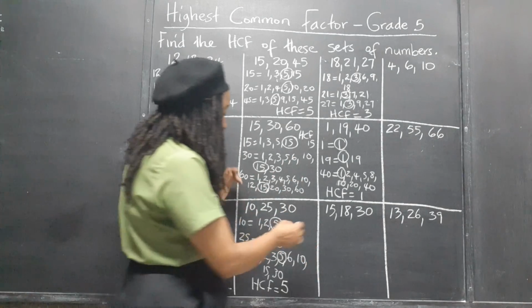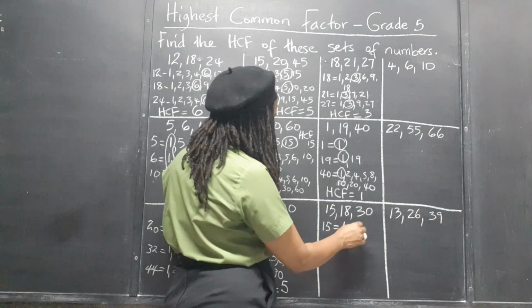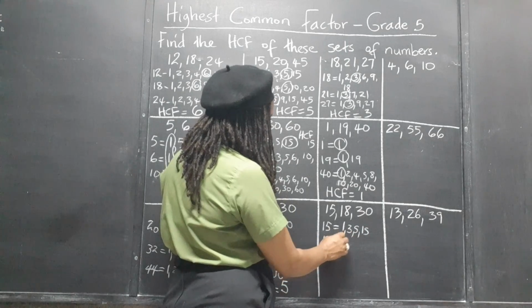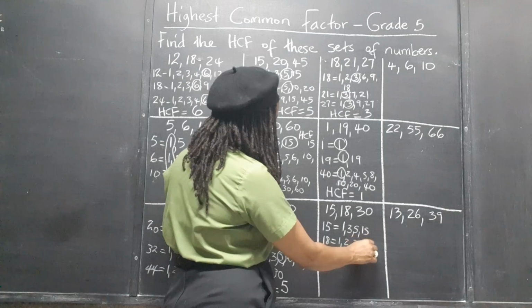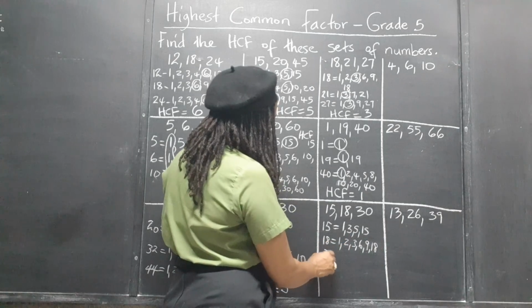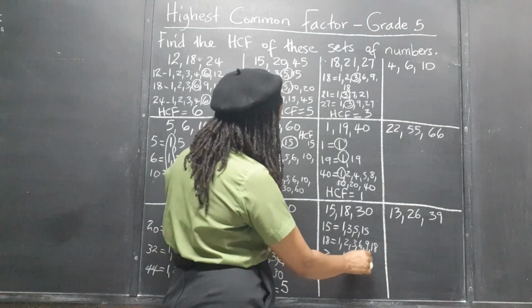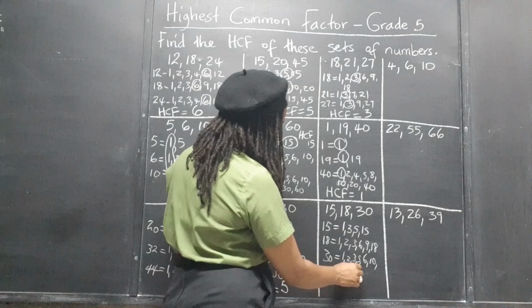Alright, so for 15, we know 1 can go, 3 can go, 5 can go, 15 can go. For 18, 1, 2, 3, 6, 9, and 18. And for 30, 1, 2, 3, 5, 6, 10, 15, and 30.